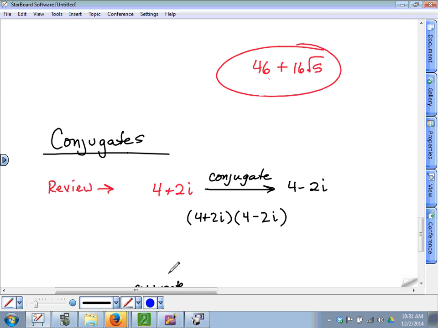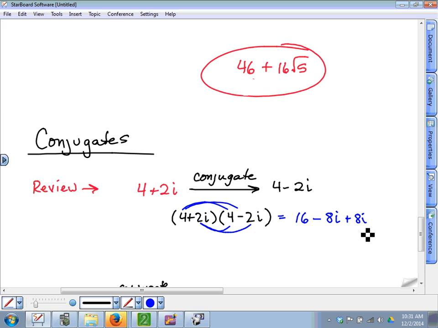Yeah, that's nice. Good memory. So, let's see if that still happened. Maybe math changed in the last 4 weeks, and that doesn't happen. I don't know. You never know. 4 times 4, 16. 4 times negative 2i is negative 8i. 2i times positive 4. Uh-oh.